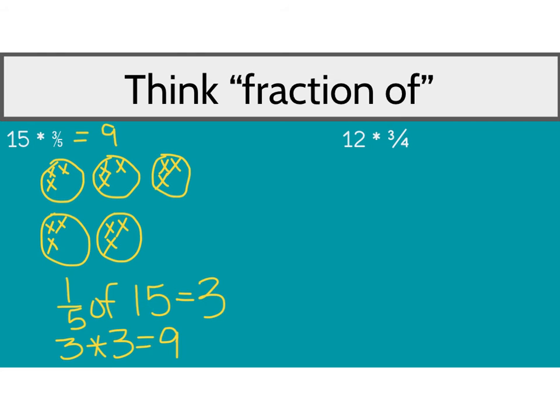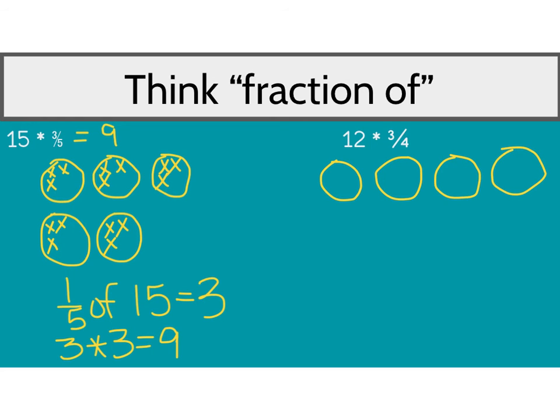So if we take a look at 12 times 3/4, again, we want to think of what's 1/4 of 12. So we would draw 4 circles because our denominator is 4.